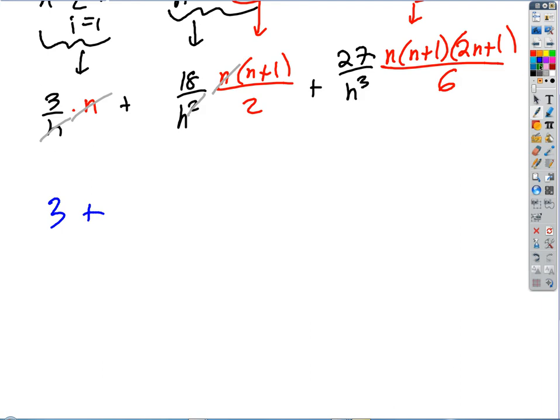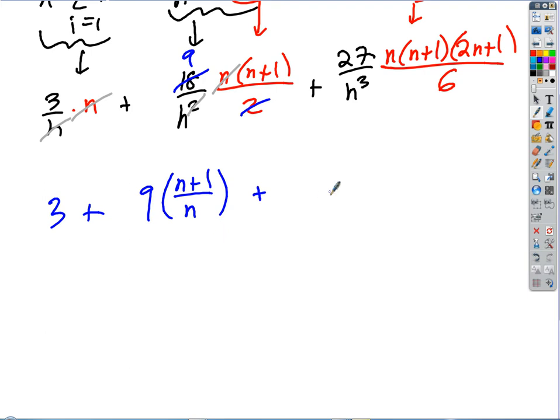So this one's just going to be 9 times the quantity (n plus 1) over n. Whoops, we still have an n on the bottom. Gotta go back. There we go. That's what we have. Agree? Because that went away and that became a 9. Okay?